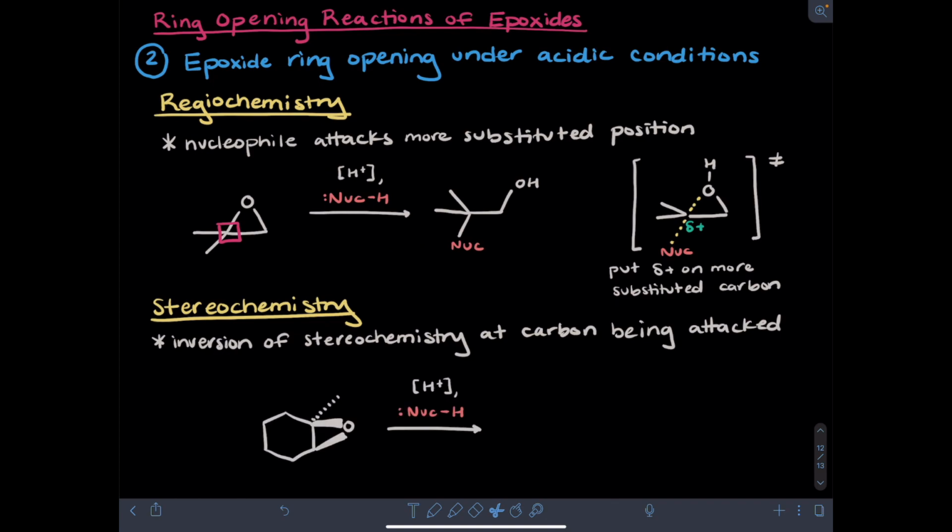Let's consider a chiral epoxide, where one carbon is tertiary and one carbon of the epoxide is secondary. Under acidic conditions in the presence of weak nucleophiles, the nucleophile will preferentially add to the more substituted carbon of the epoxide. In the product, this more substituted carbon will have the new bond to the nucleophile, and the oxygen of the epoxide is present as an alcohol on the less substituted carbon.